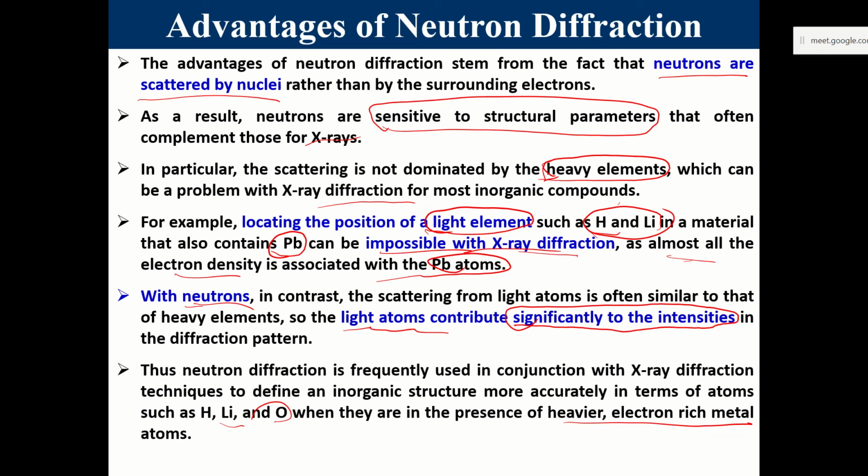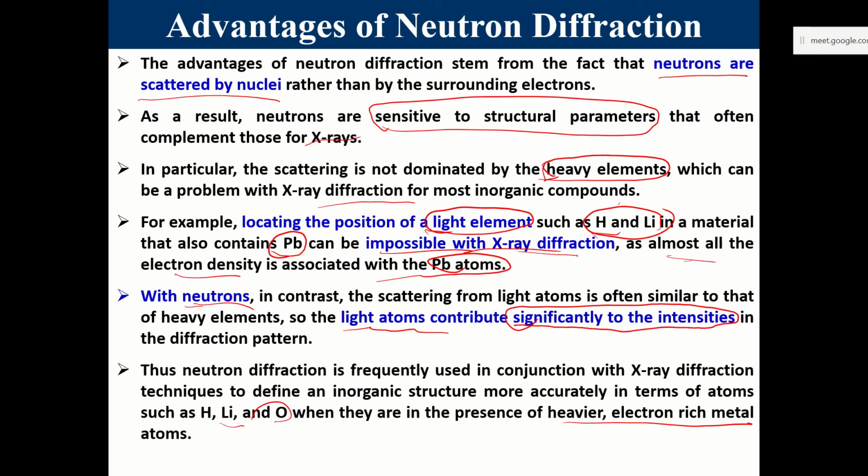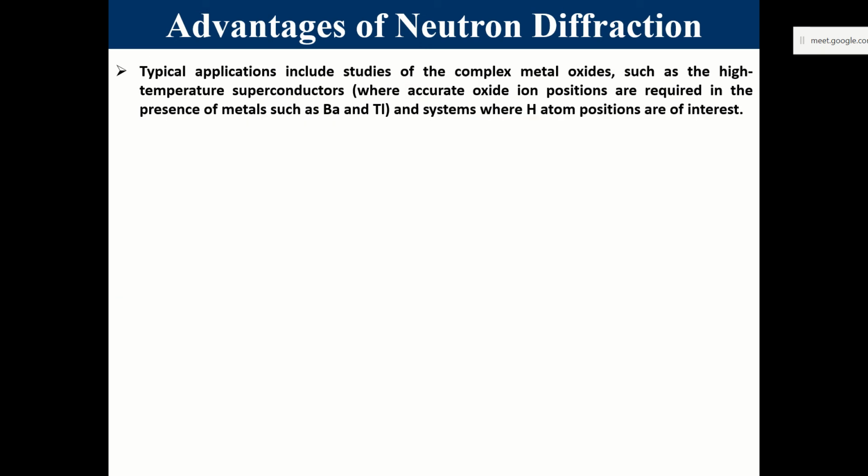So this is one of the advantages, a big advantage in that sense. For typical hydrides and metal oxides, you will get better information from neutron diffraction studies as compared to X-ray diffraction.